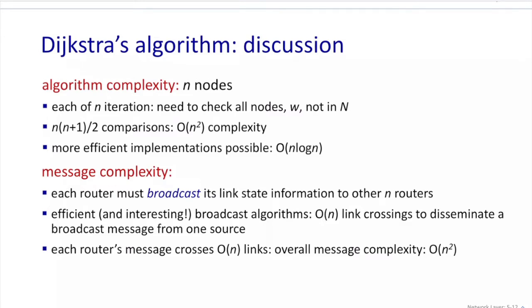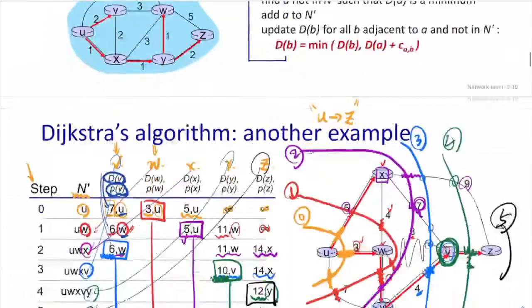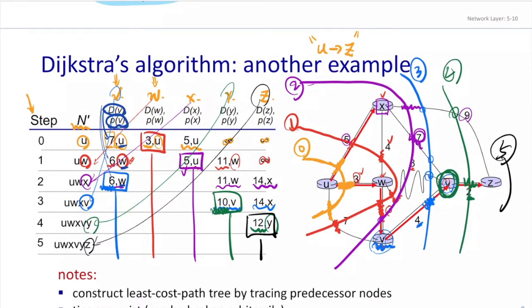Okay, so we have some discussions right here. The algorithm complexity: if we have n nodes, we have n iterations, as we explained before. But for each iteration we have to do comparisons. Take a look at this table. In step number 0, we have to compute 5 different values.